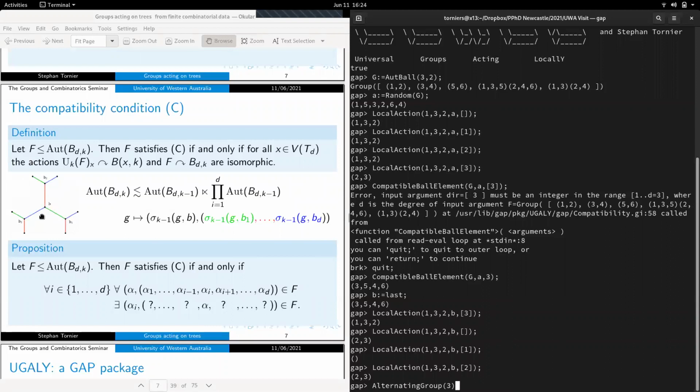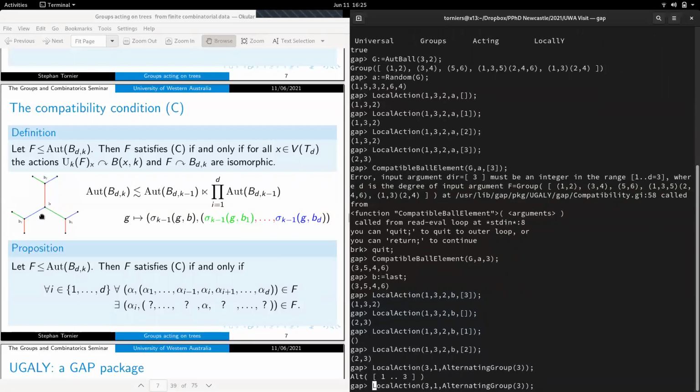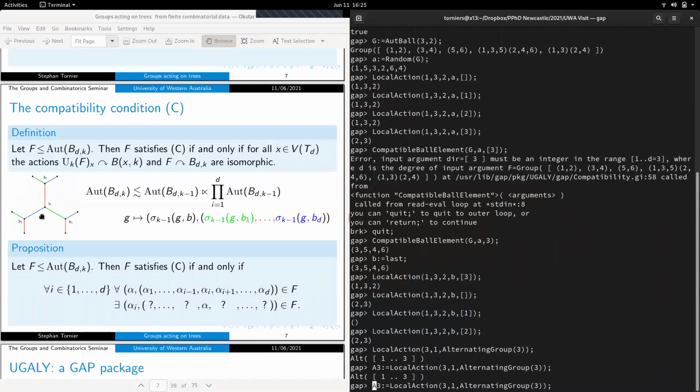Then what groups acting on the 2 ball are there which do that and satisfy condition C? First of all, I have to turn this into a local action. It's a category introduced by this package, which makes the group remember the degree and the radius, so 3 and 1 in this case. Let's call that A3. And then similarly, I could do this for the symmetric group.